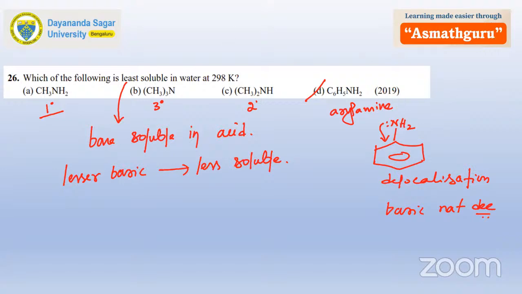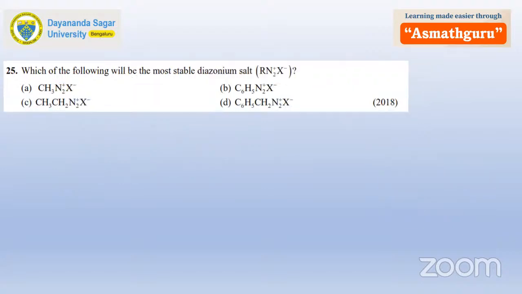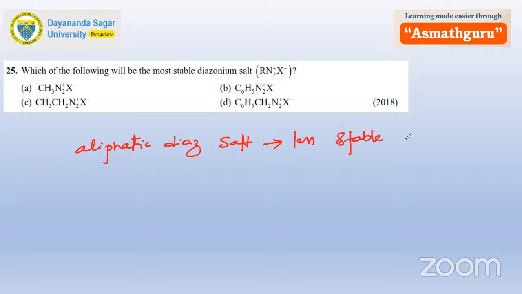This appeared in 2019 CET. Which of the following will be a more stable diazonium salt? I already told you, aliphatic diazonium salts are less stable at all temperatures.